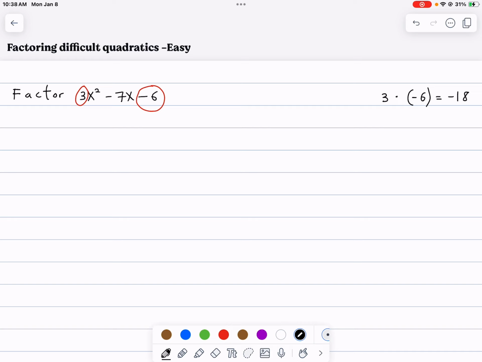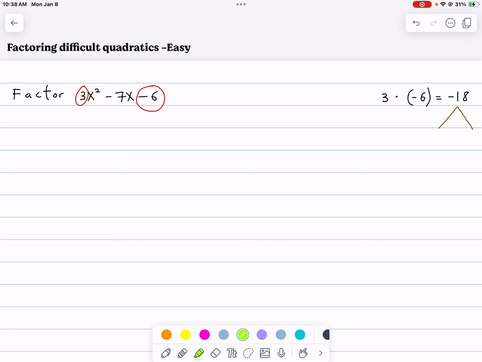Next, the thing we want to do is look for two numbers that multiply to give negative 18, but they add to give negative 7. That is, negative 7 is the coefficient of the middle term, that is the number in the front of the x.